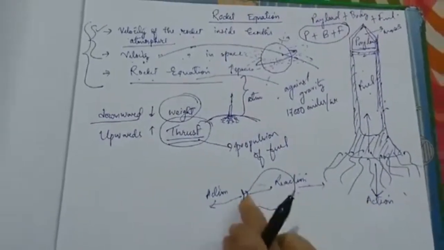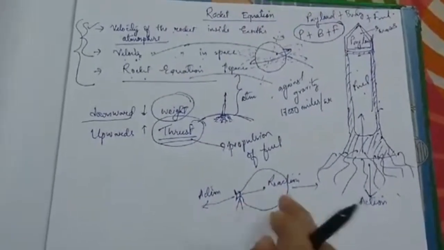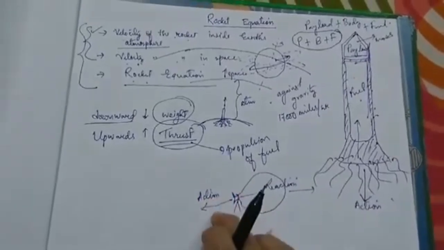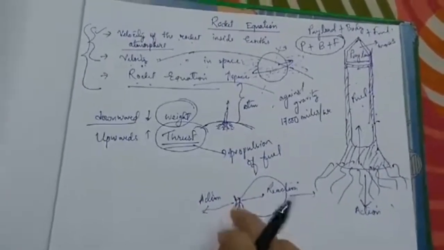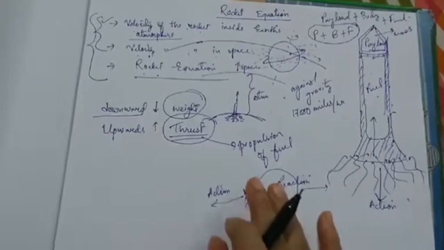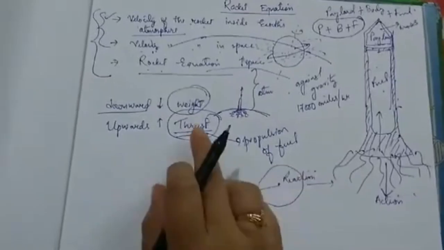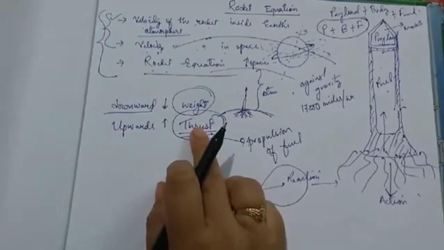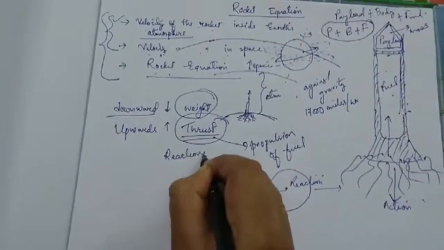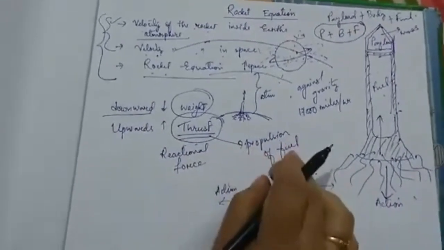Fine. So in place of the balloon, now we have a rocket carrying lots of weight, and we have fuel. So in place of air, we have fuel now, and the fuel is in huge amount, so that burning of the fuel can give you enough propulsion so that it can move in the opposite direction. So the thrust is basically a reactional force which is coming from the propulsion of the fuel.